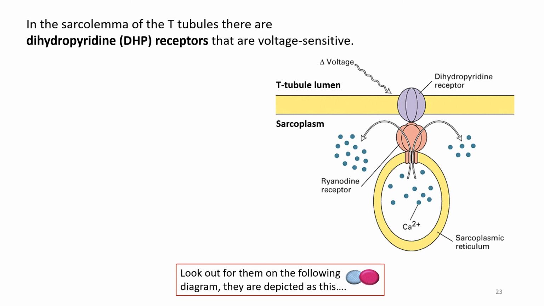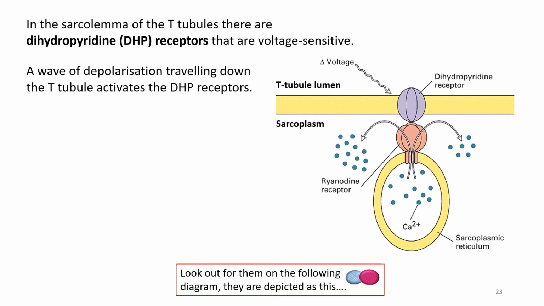So first of all, we have these dihydropyridine receptors, DHP receptors. The abbreviation is fine. I don't expect you to remember the full word. DHP receptors are fine. These receptors are voltage sensitive. And then below them, they have ryanodine receptors.